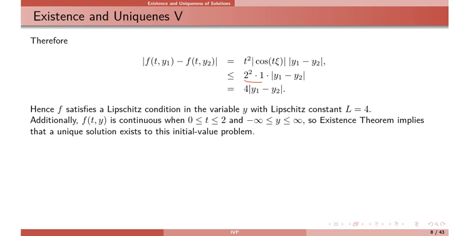So t square cos(t xi), where t square will be 2 square, cos will be 1 at maximum, times y1 minus y2. So you got 4 times y1 minus y2. So we satisfy the Lipschitz condition with the constant L equal to 4.